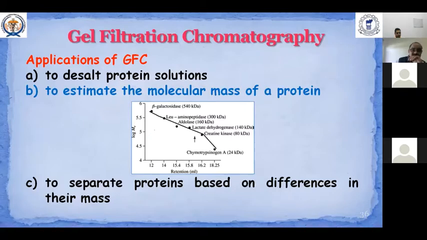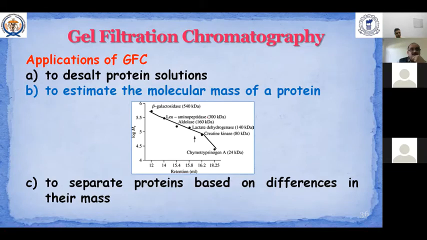Then the elution volumes and the standard molecular masses are plotted on a graph. Finally, an unknown protein is eluted from the same column, and from its elution volume the molecular mass is calculated.